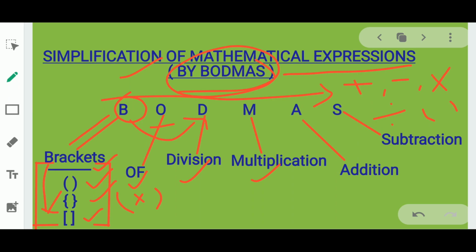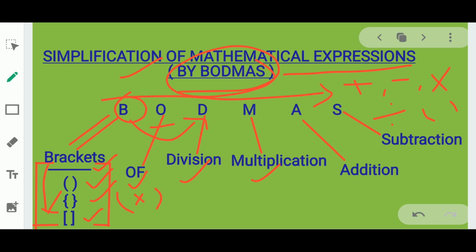After the line bracket we give preference to the small bracket. After small we solve the curly bracket, and after curly we go to the big bracket, or we can say the square bracket. This sequence we should follow in every mathematical expression where more than one mathematical operation is given. If we don't follow the BODMAS rule, we will get the wrong answer. So remember, students, we always have to follow the BODMAS rule.